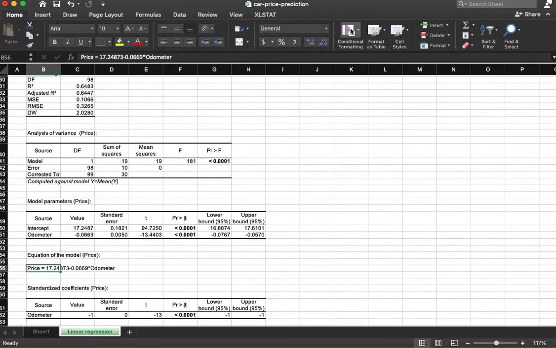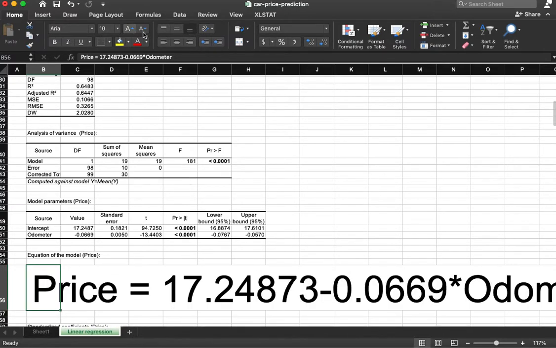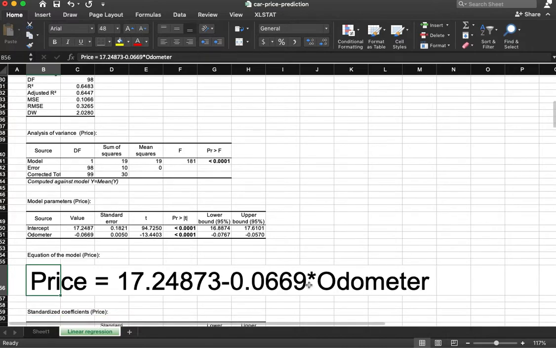Here is our model written out. So as odometer goes up, price goes down by this number. We need to be careful because the price and the odometer readings are in thousands. So a 1 unit increase in odometer is actually 1,000 additional miles, and price is also measured in thousands. So just how we interpret it, have to be careful that we're using the right units here.